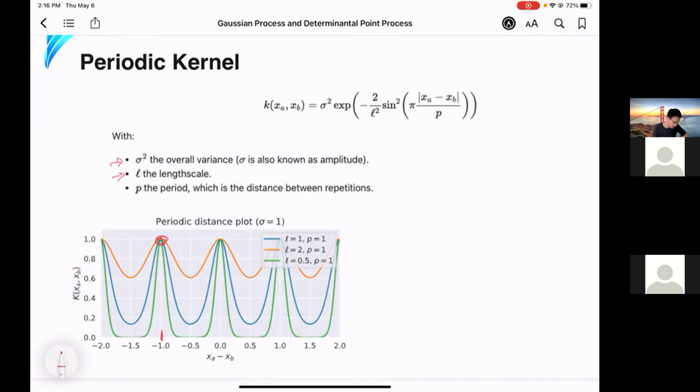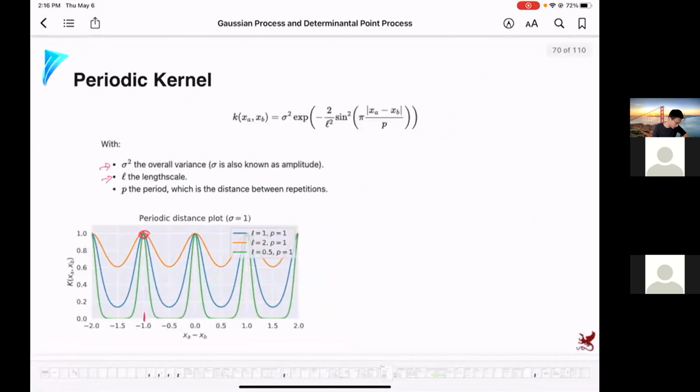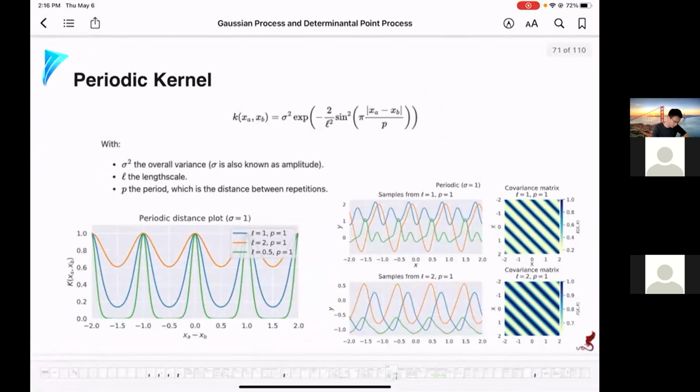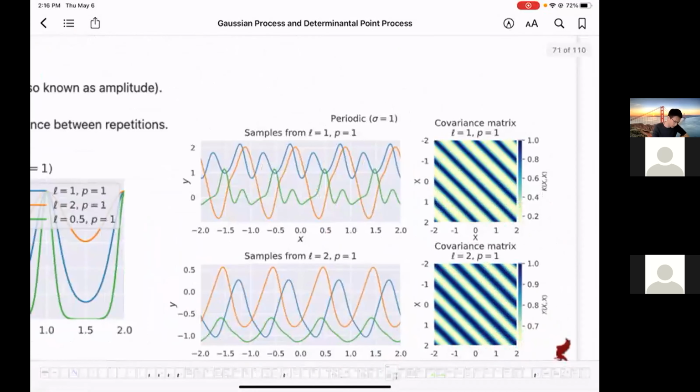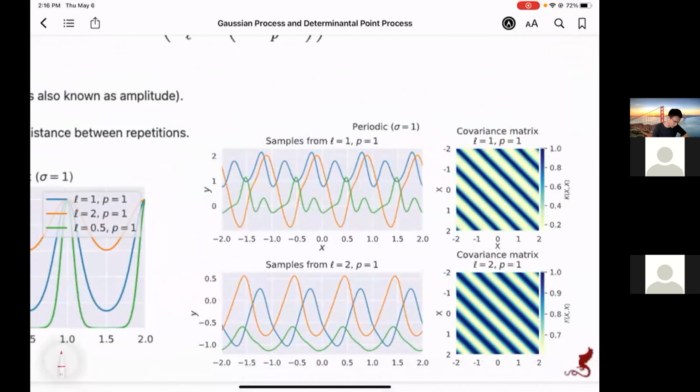With these three parameters, we can get kernels that look like this. And if we draw samples again from this kind of kernel, we're going to get curves that look like this one here. First of all, notice the covariance matrix looks very different from before.